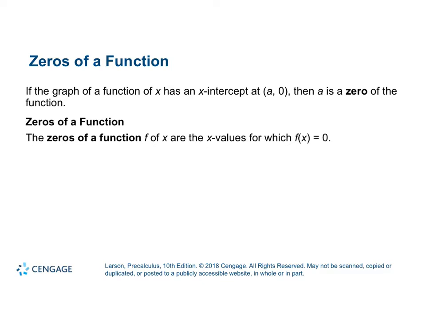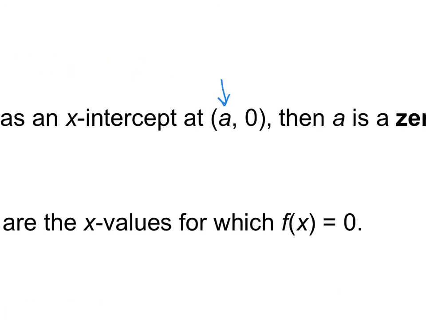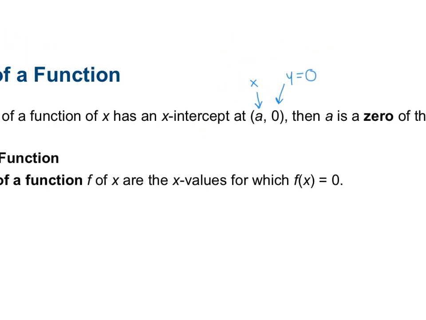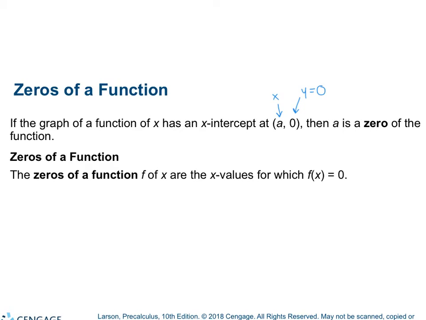Next we have the zeros of a function. If the graph of a function f has an x-intercept at (a, 0), then a is a zero of the function. So our x is going to be some number when our y is equal to 0. So the zeros of a function f of x are the x values for which f of x is equal to 0.